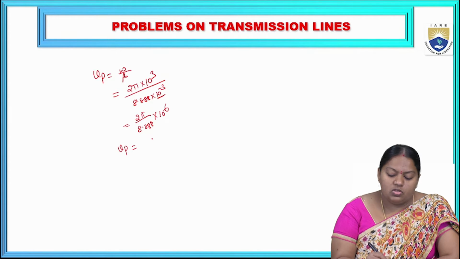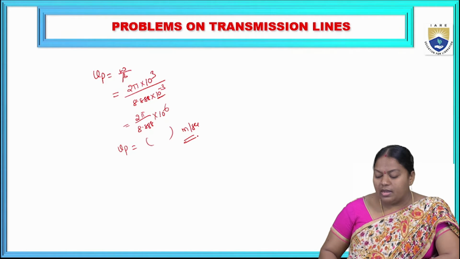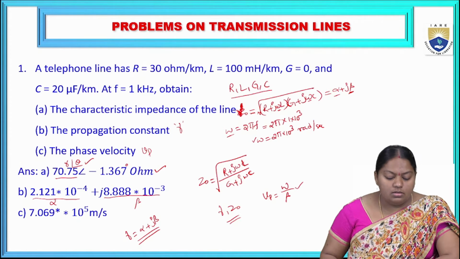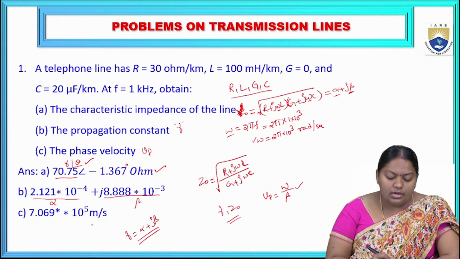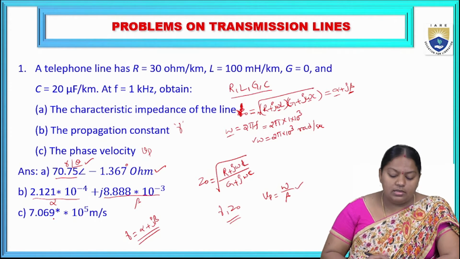Then Vp is to be expressed in meters per second, and the value obtained here is 7.069 into 10 power 5 meters per second. Or if you want to express the total thing in mega, also 0.7069, like that we are going to express.